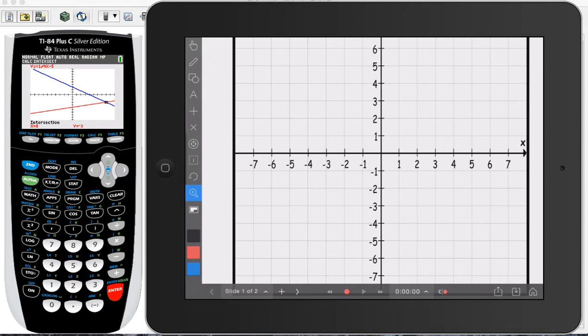So the first one is half x, so the y-intercept is 0. You go up 1 over 2, up 1 over 2, and so on, or down 1 over 2, and so on. You connect these points, and that's going to be the first line.